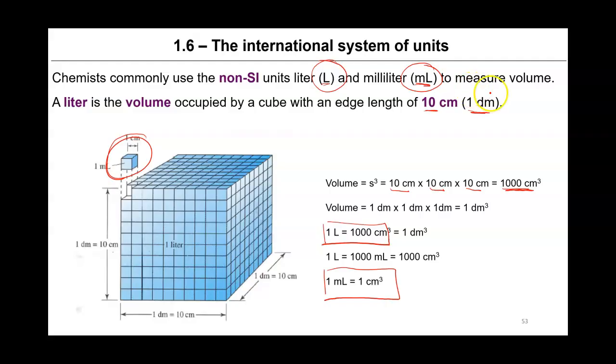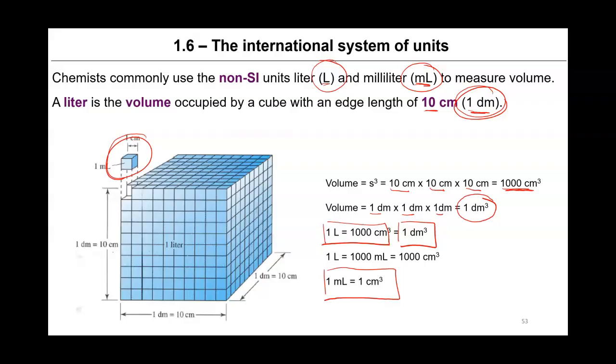We also said that in every 10 centimeters there is 1 decimeter. So a liter is the volume of a cube that has 1 decimeter edges. So 1 decimeter times 1 decimeter times 1 decimeter gives me 1 decimeter cubed. So a liter is exactly the same thing as 1 decimeter cubed.